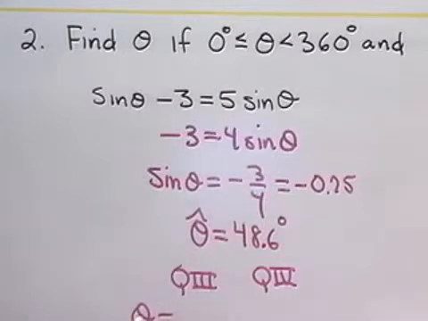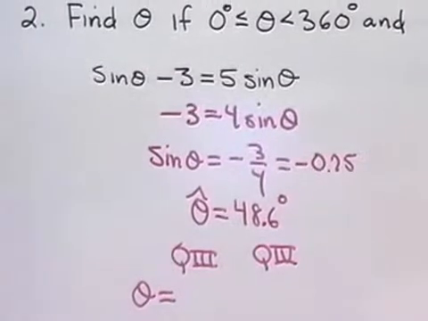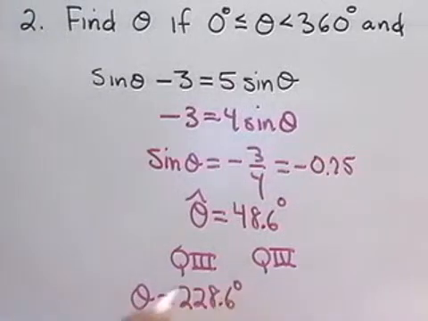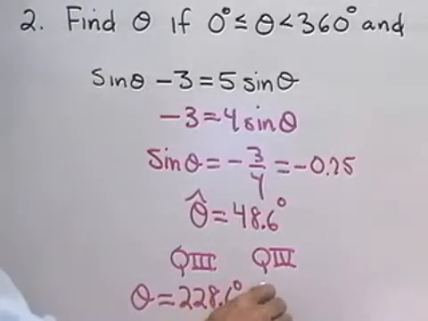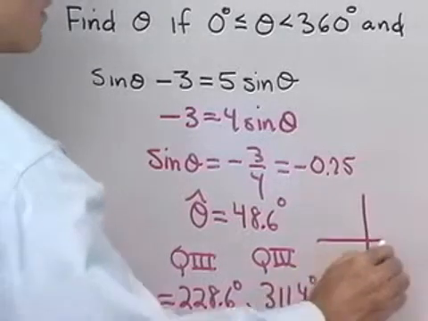That tells me that theta must be, let's see, in quadrant 3, that's going to be 180 plus 48.6, which should be 228.6 degrees. And in quadrant 4, a reference angle of 48.6 is going to be 360 minus 48.6, which should be 311.4 degrees.